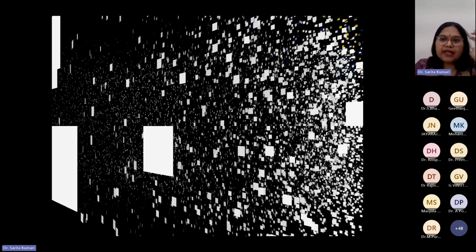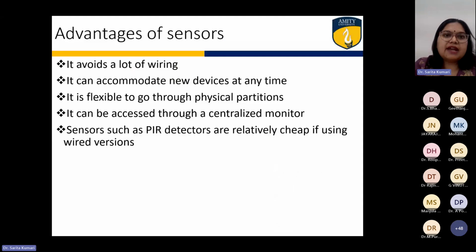Now moving to the next, that is the advantages of sensors. Sensors avoid a lot of wiring. Mostly it is non-contact type of sensors we are using nowadays. It can accommodate new devices at any time. It is flexible to go through physical partitions. Also, the advantage includes that it can be accessed through a centralized monitor, as I gave the example of a home automation system.